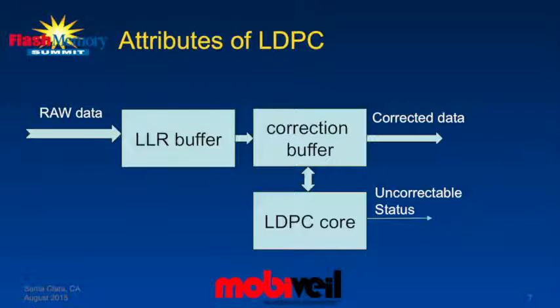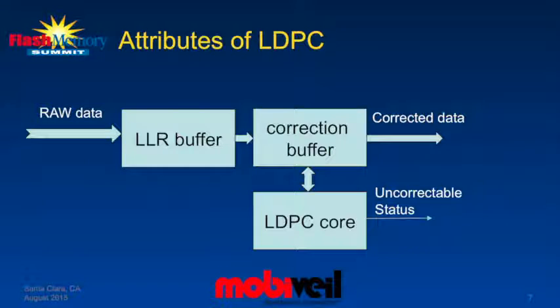Now we go into attributes of LDPC. In LDPC we have raw data come into what's called a log likelihood ratio buffer. It accumulates the data, it's sent into a correction buffer, and the LDPC core corrects it in place. It has the ability to change a particular bit more than once as its algorithm corrects. Once it gets done, it can send the corrected data out.